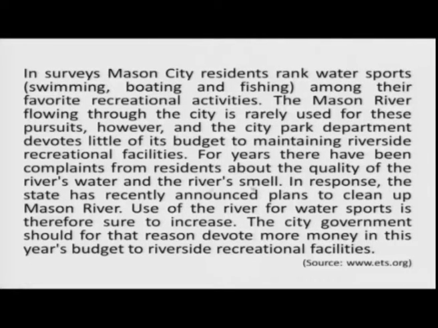The river has a foul smell, and in response the state has announced it will clean up, and then it assumes the use of the river for water sports is going to increase. So, this connection between the improved quality of the river and an increase in water sports is not very clearly established here.